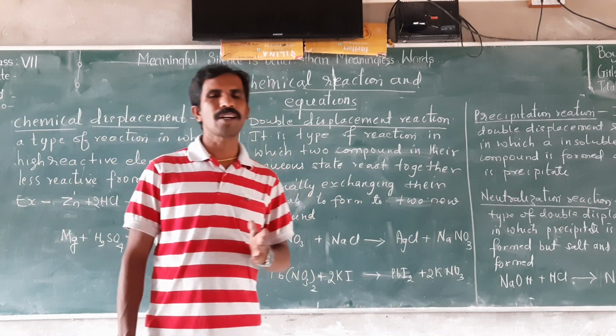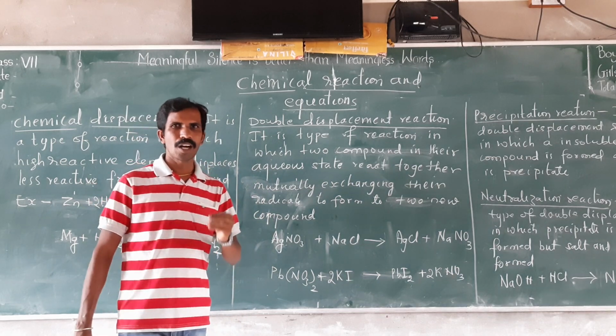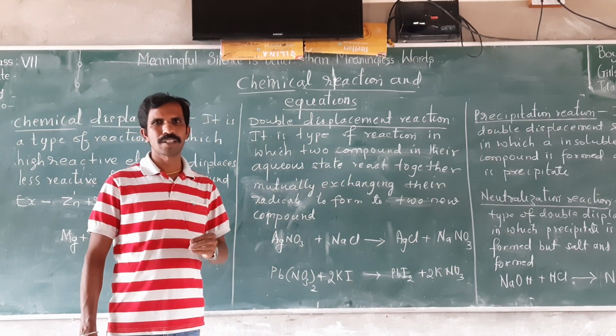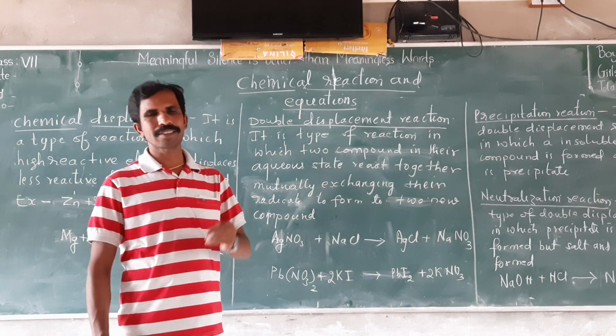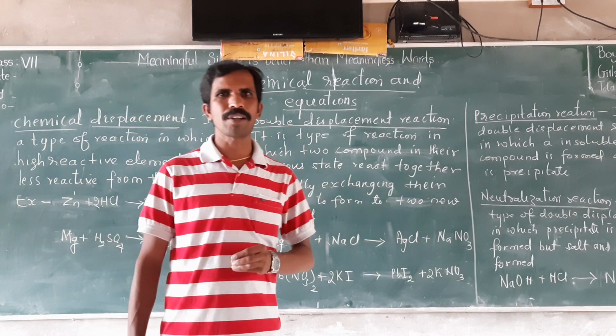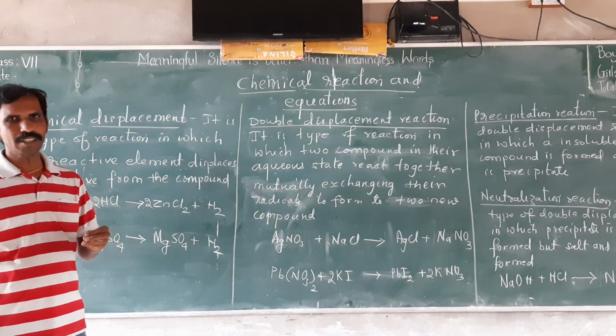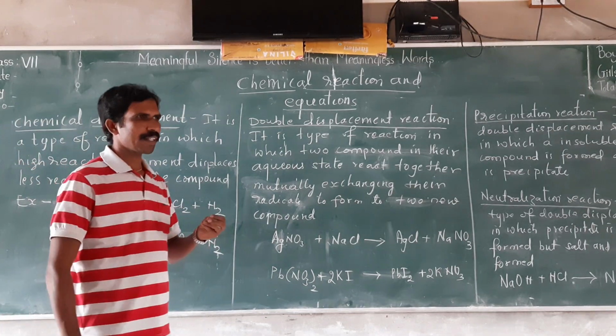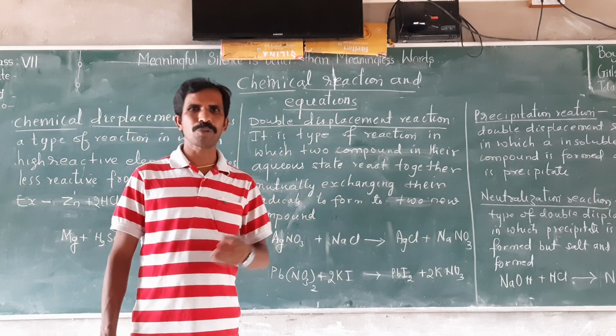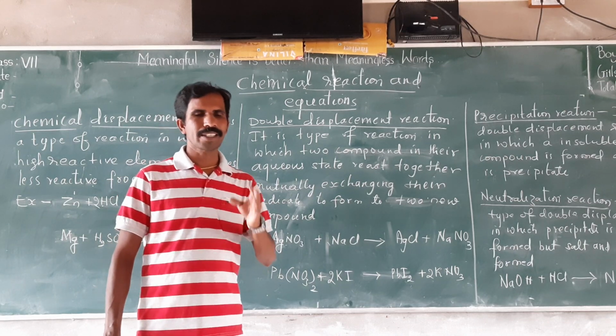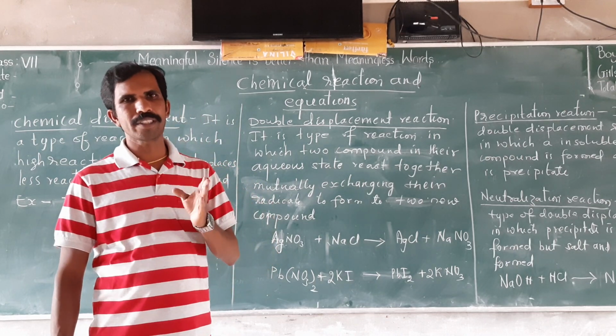Apart from that, we have learnt how to write a chemical equation and how to balance the equation. In the last class I told you about chemical decomposition. So decomposition we have finished up.